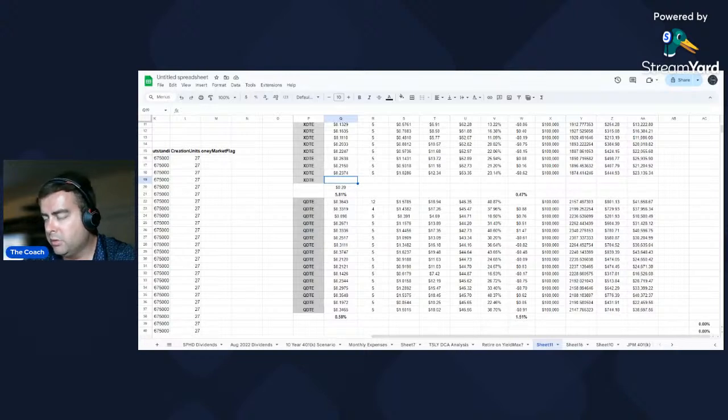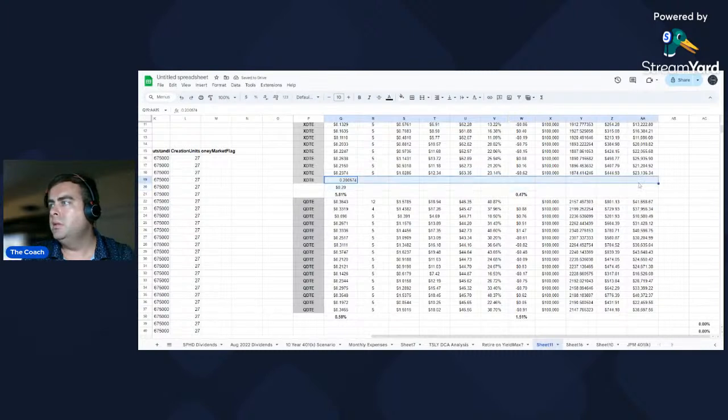So 0.200574 is what we were at for this week. Okay, so here we go. We dropped by 3 cents. Okay, let me center all of these.